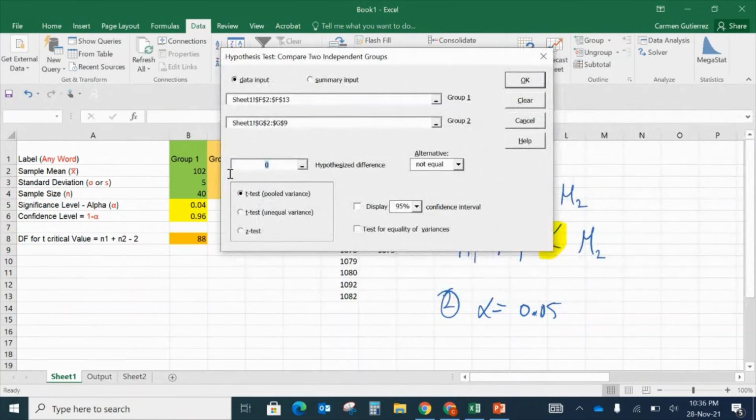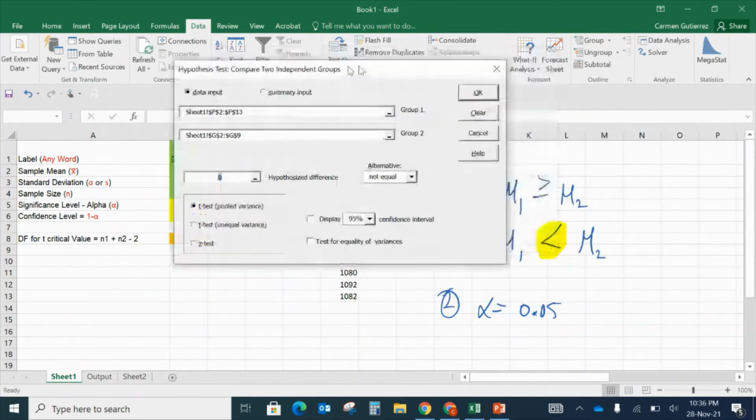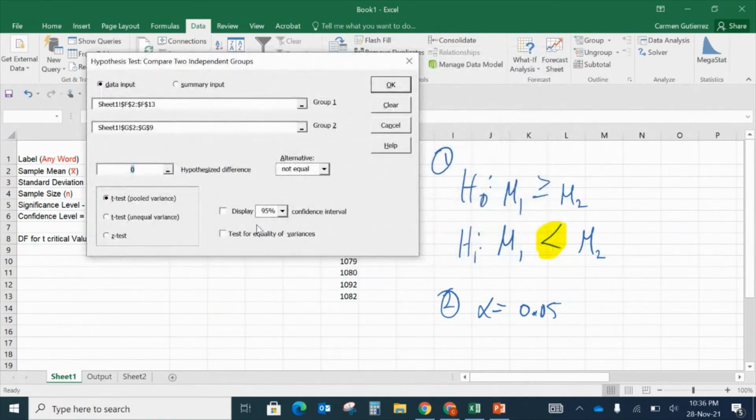You do not want to change anything here, leave it alone. And then the display 90% confidence interval. This confidence interval is the 1 minus alpha. If the alpha is 0.05, then you want it to be displayed at 95%. So 1 minus alpha. And that is it.